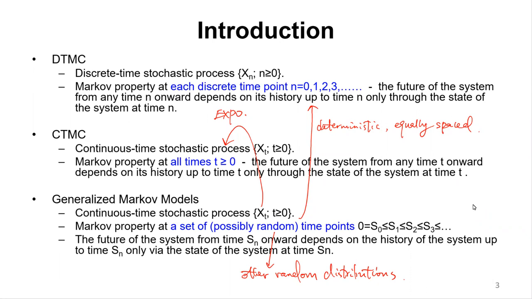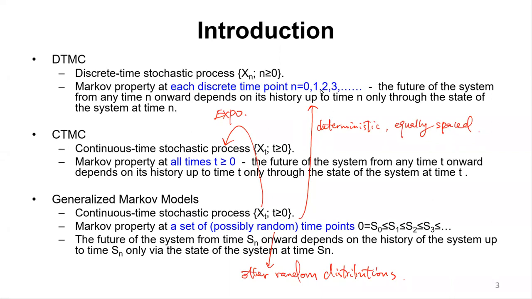What are the differences? First, discrete time Markov chain is a discrete time stochastic process. You see here, this is indexed by n, okay? And the Markov property holds at each discrete time point, n equals 0, 1, 2, 3, and so on.